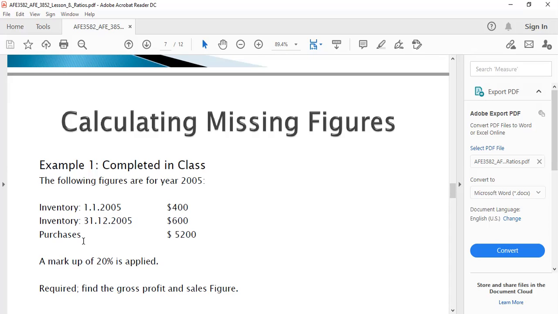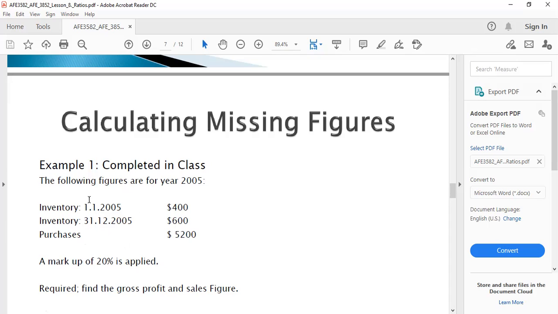Cost of sales equals opening inventory, you add purchases, and then you less your closing inventory, then you get your cost of sales. So looking at the figures, you should be able to tell what amount you can calculate using them.